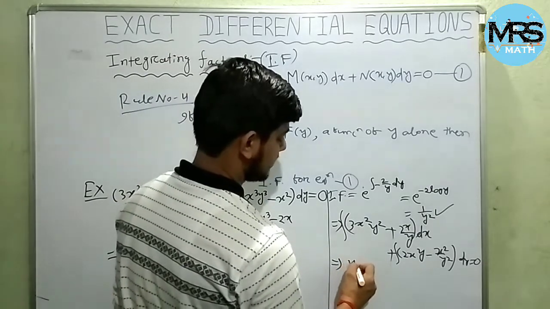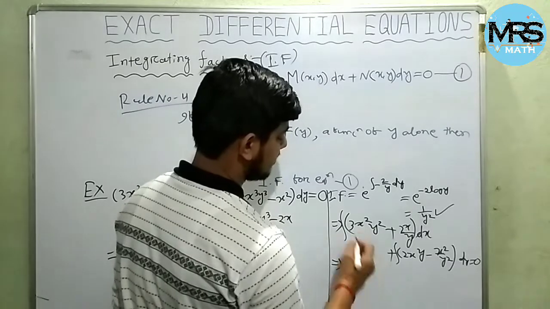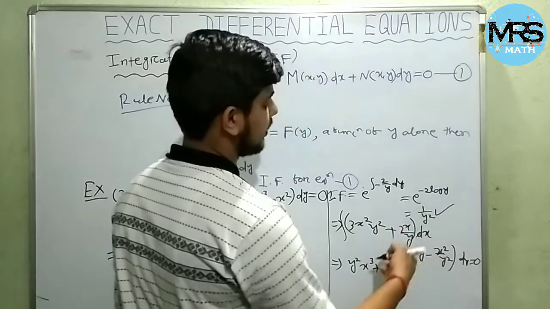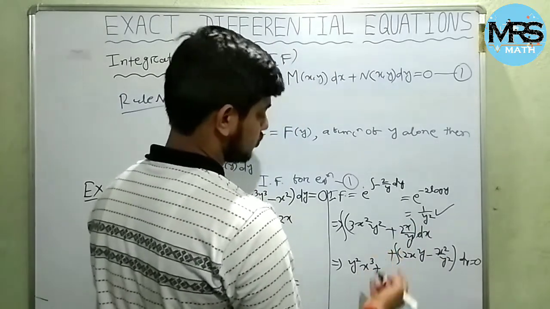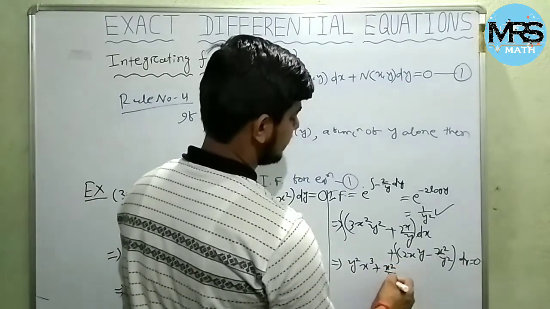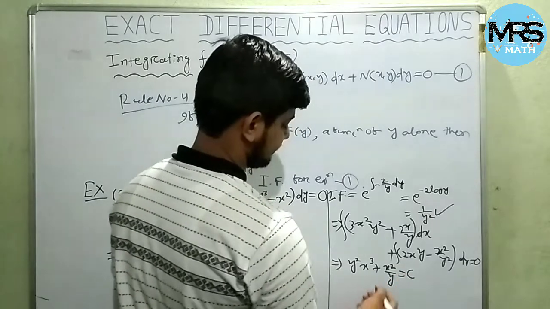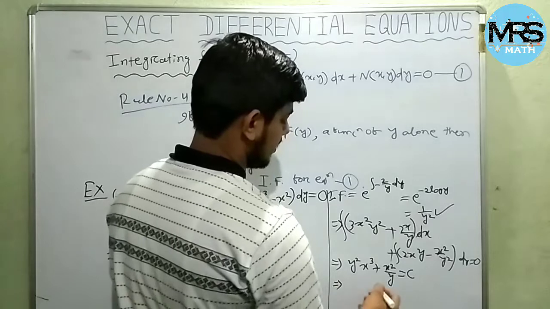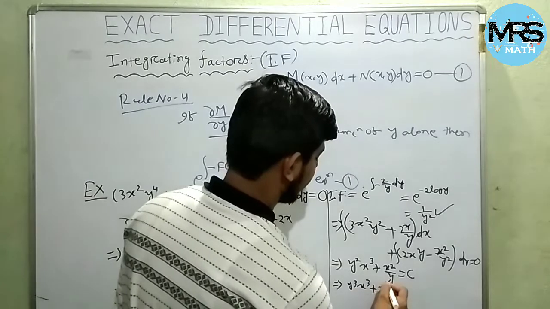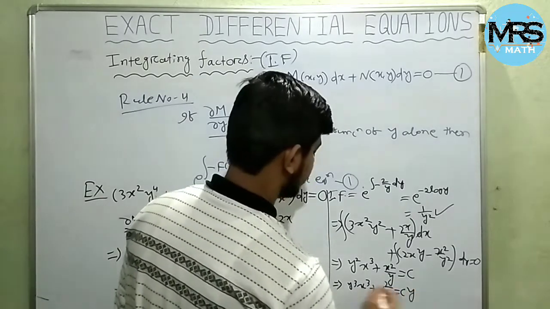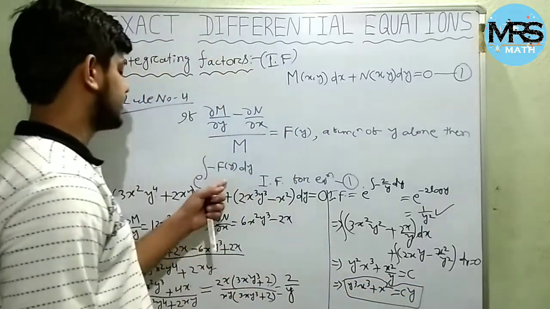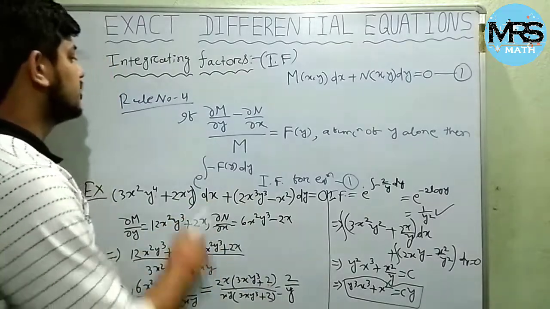So here you will get y square x cube by 3, the 3 will cancel, so y square x cube, plus 1 by y, 2x integration is x square, so x square by y equal to some c, correct. So your final answer will be y cube x cube plus x square equal to cy. So this is the solution curve for this differential equation, and we solved it using rule number 4.